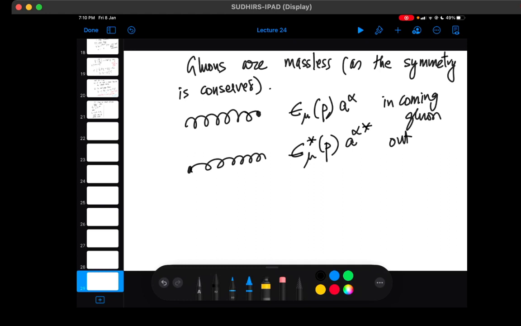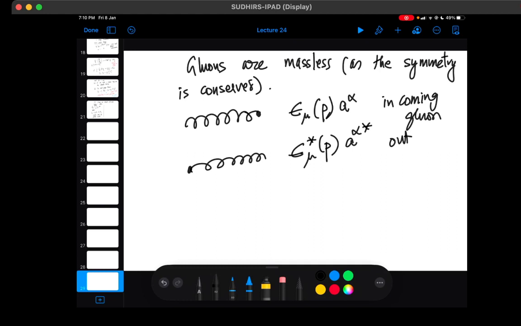which is essentially the three gluon vertices, which is given by minus i g_s f alpha beta gamma times some Lorentz factors depending upon the momenta, because it's a momentum dependent vertex, k1, k2, k3.